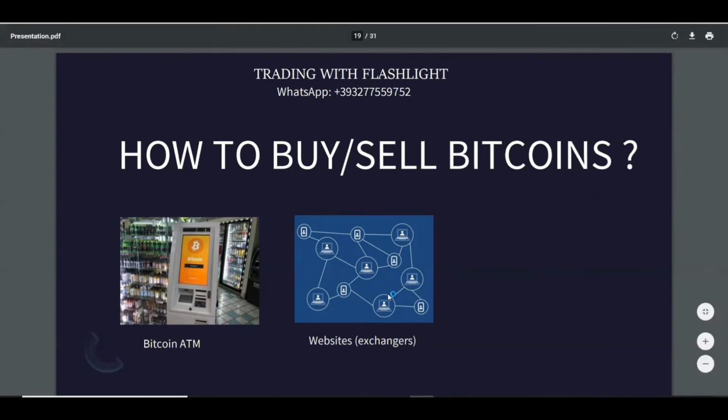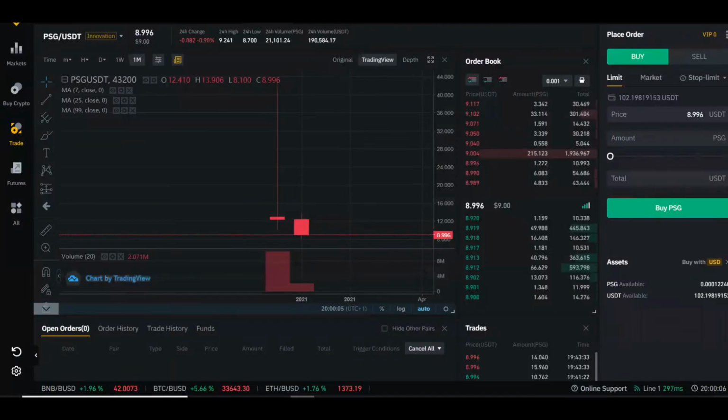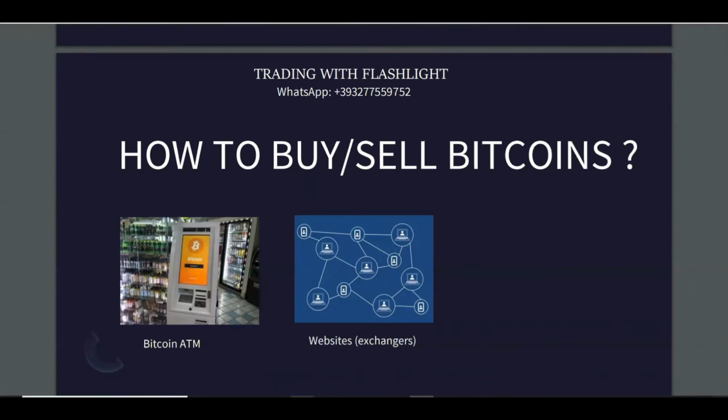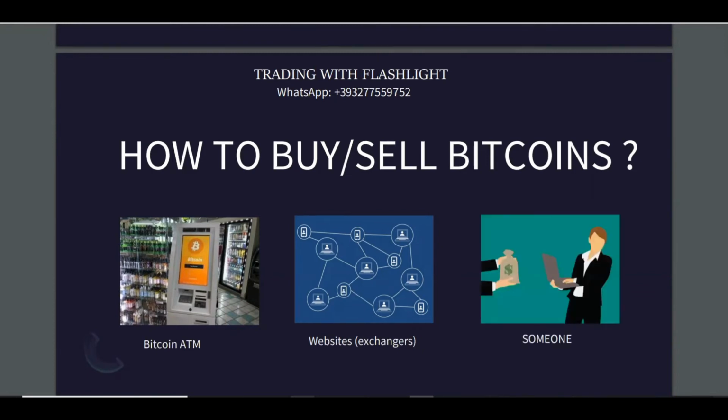You also have websites and exchanges. So you can decide to buy Bitcoins on an exchange website like Binance, or any other website like Coinbase, Versa. There are a lot of websites where you can buy Bitcoins and sell them. Now, the third and one of the frequently used ones is someone.